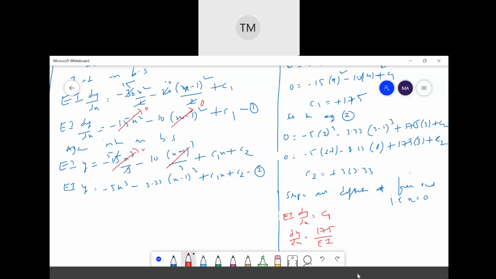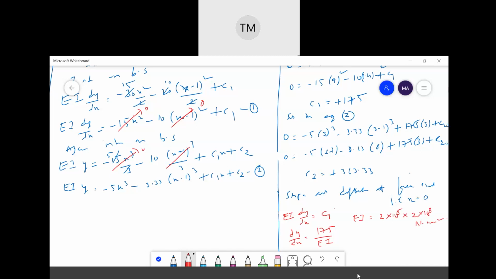You know the value of EI. What is the value of EI here? EI is given as 2 into 10 power 5 into 2 into 10 power 8. When you simplify this one, it is in Newton per mm square.